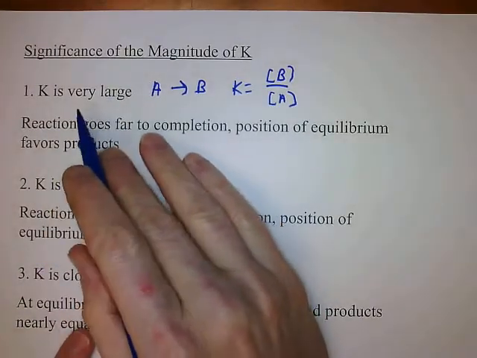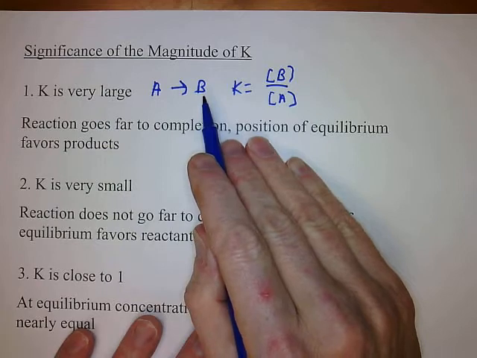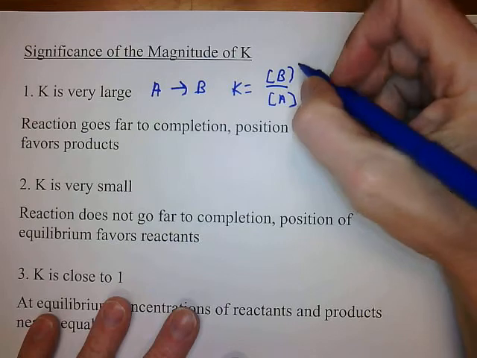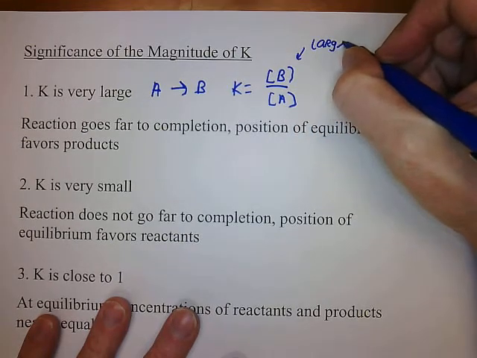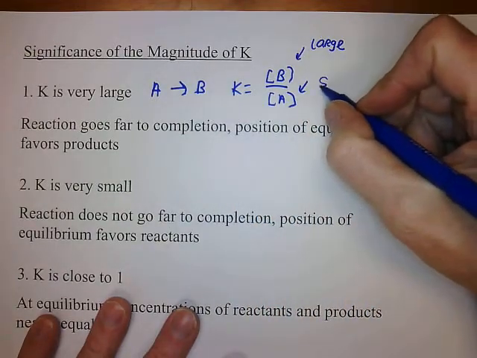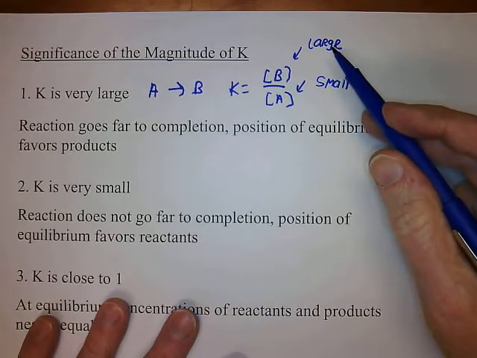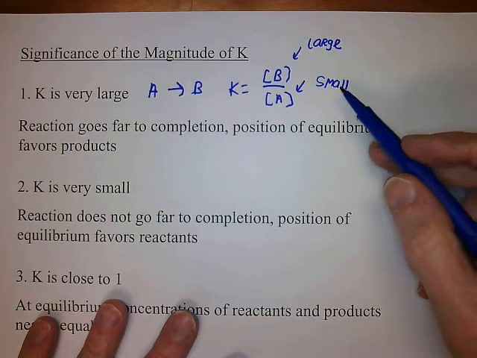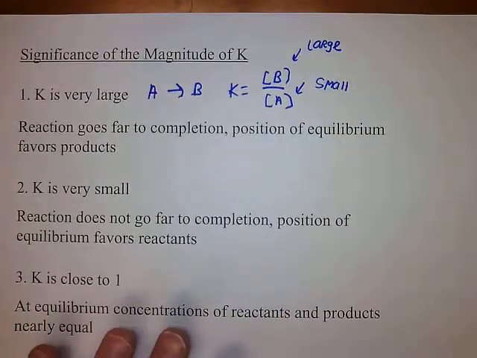So if this reaction lies far to the right, that means this concentration will be large, and this concentration will be small, right? And so a large number divided by a small number is a big number, so K is going to be big.